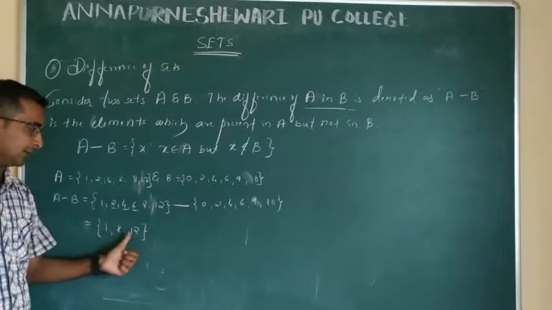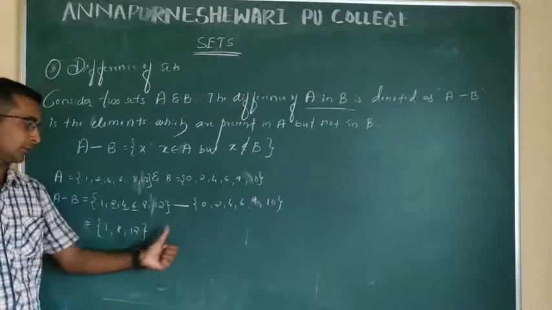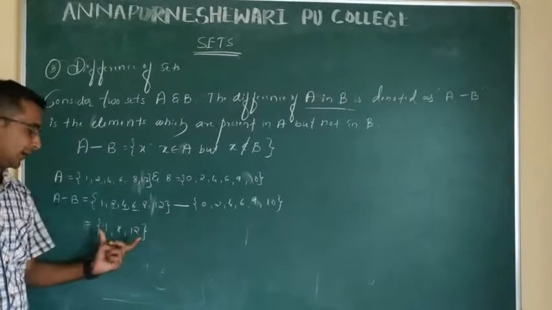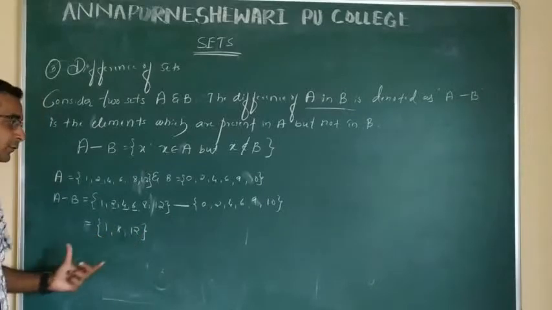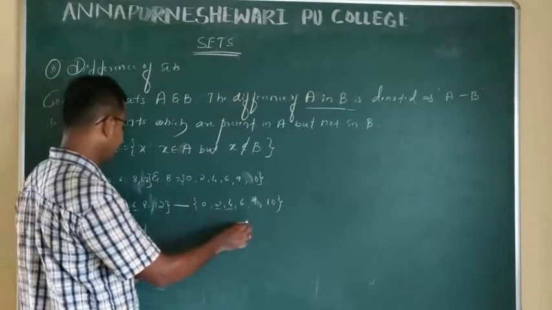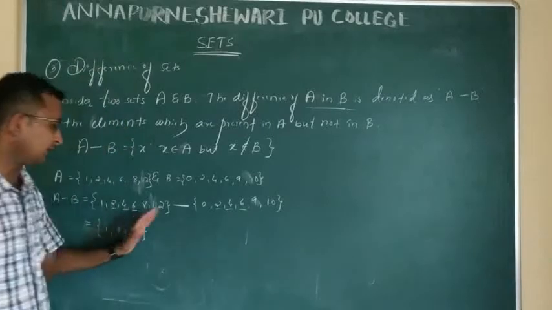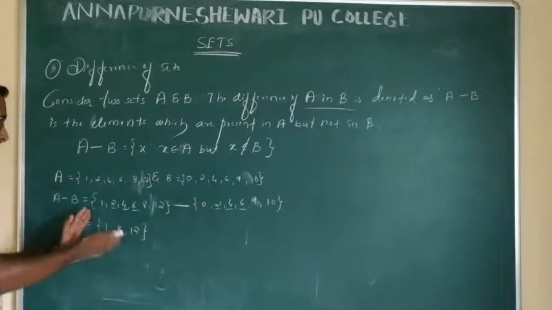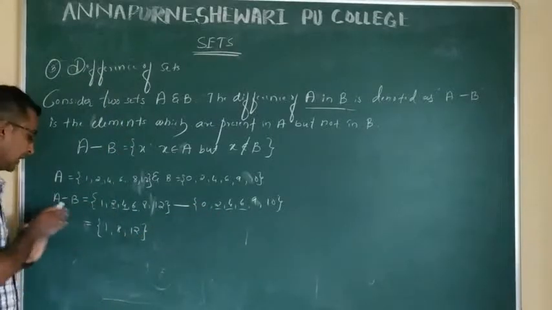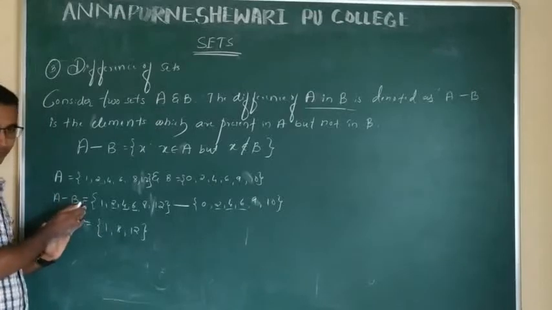No. Whether 8 is present in B? No. Whether 12 is present in B? No. You have to underline the common elements in sets A and B. The elements which are left in set A are nothing but A minus B.